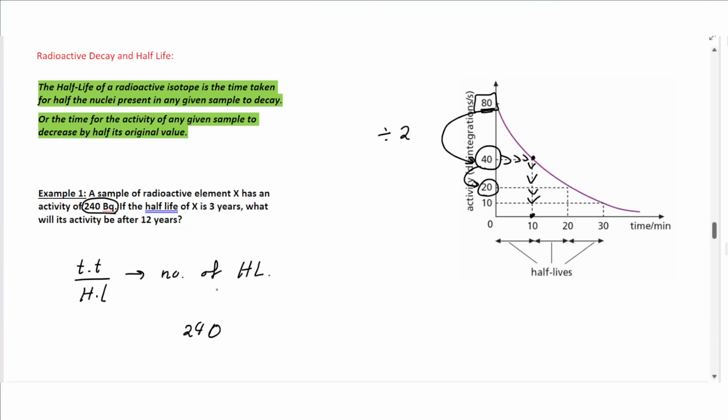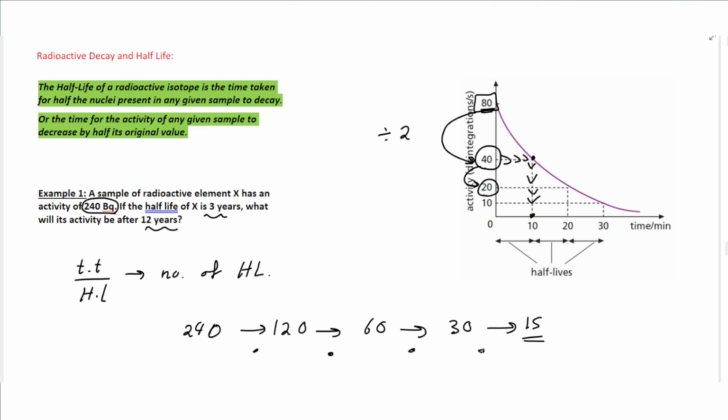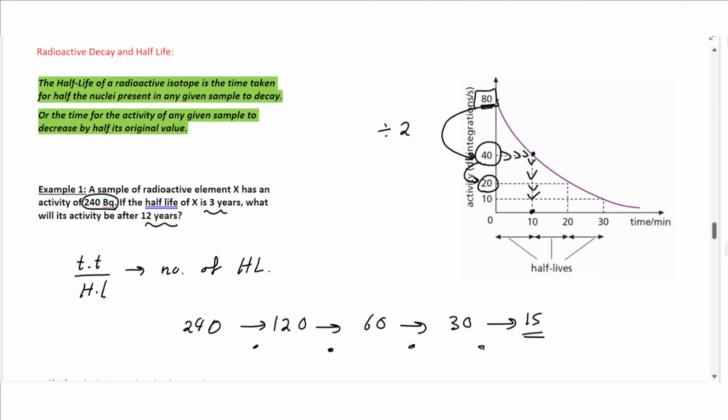For example, here, if you divide 12 years, which is the total time, by 3, you get 4 half-lives. So you divide by 2, 4 times, because you have 4 half-lives. So this is 120, then 60, then 30, then 15. This is the final reading on the count meter or the GM tube, because we have 4 half-lives. You would divide by 2 four times, or divide by 2 to the power of 4.